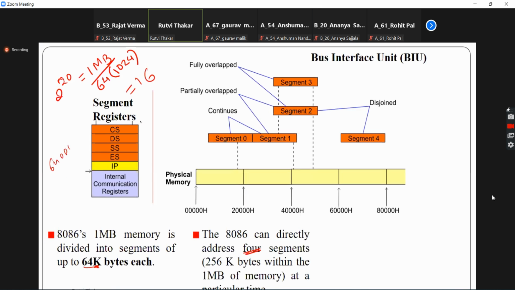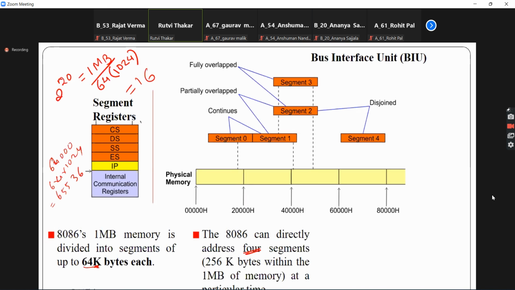Don't say 64,000. If I'm considering it as 64 into 1024, it will give me 65536. This is a very important number, 65536. Everyone please remember 64 KB is 65536. This is also very important for us in microprocessors.